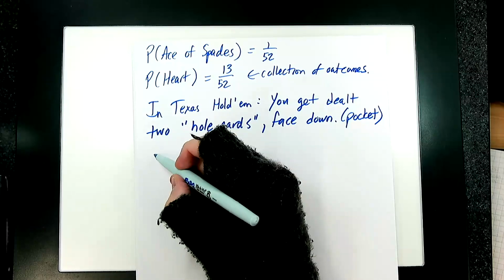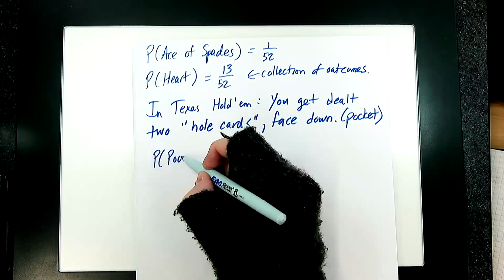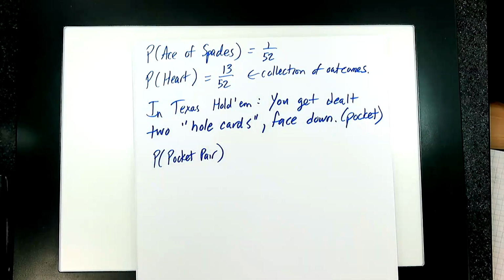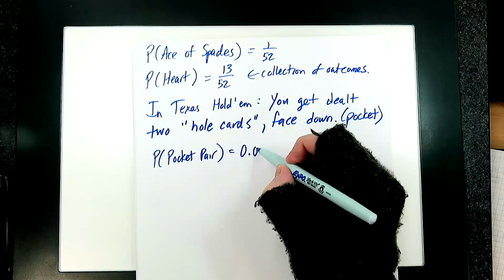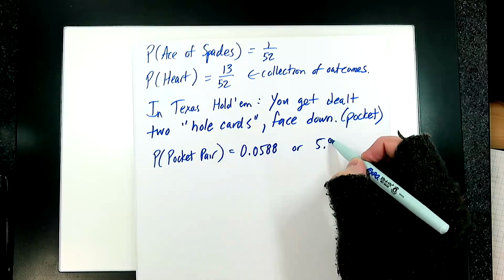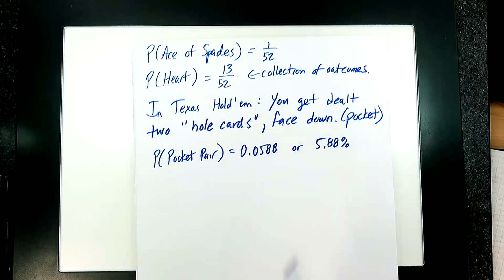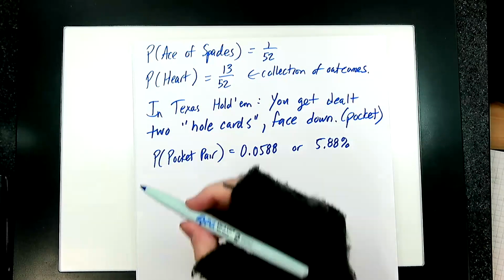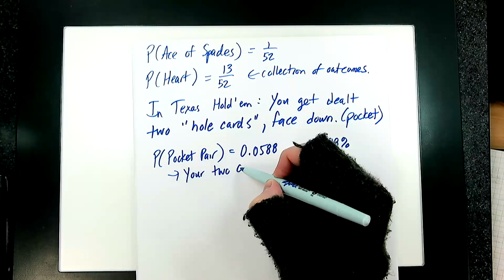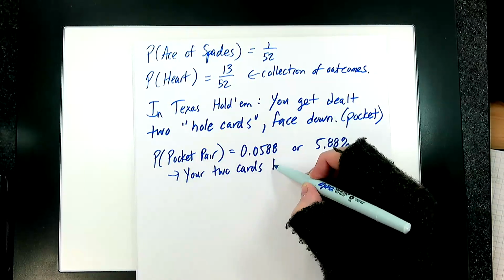I know that the probability of getting a pocket pair in Hold'em is 0.0588 or 5.88%. This means your 2 cards have the same rank.